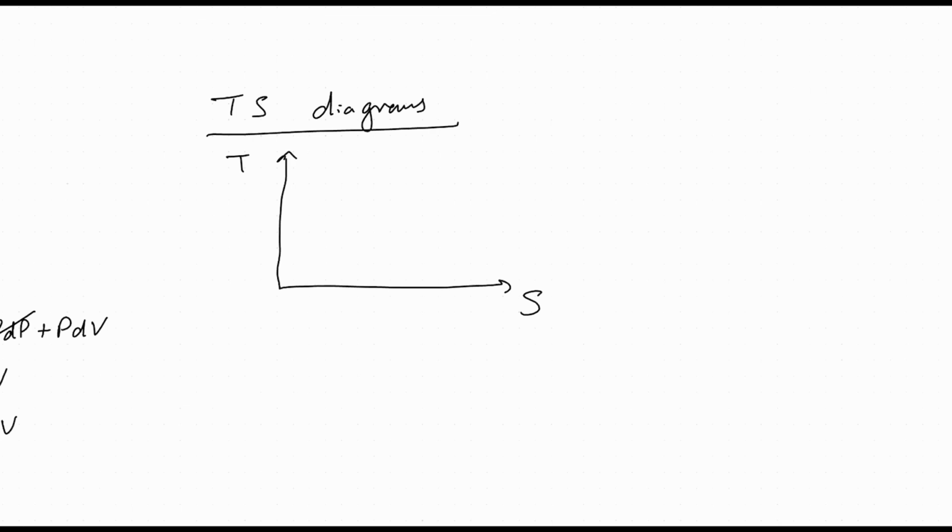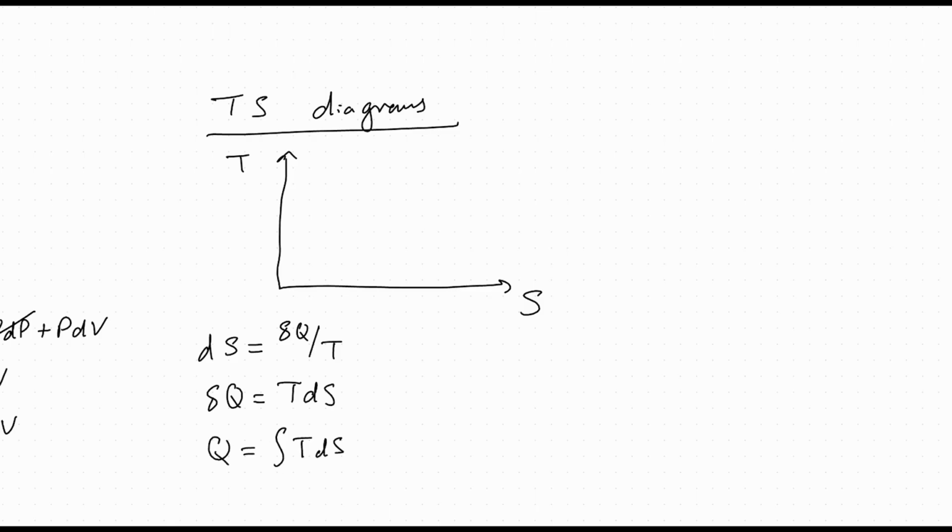Whereas PV diagrams were all about work, TS diagrams are all about heat. If you remember the relationship we talked about in the last video, we defined the differential S as partial Q over T. Or in other words, partial Q equals TdS. Integrating that gives you Q equals the integral of TdS.